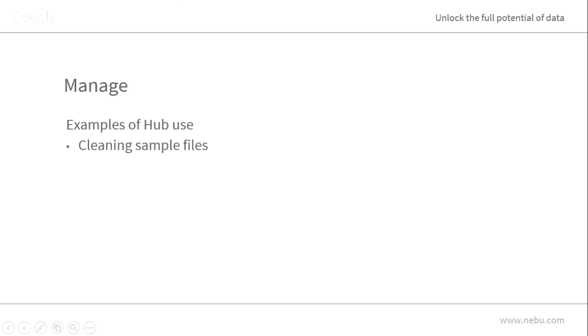Now, a lot of the clients using the Nebu Data Hub are using it to clean up their sample files. They have regular suppliers that provide them with sample files in a set format with set coding. Perhaps they want to remove some of the columns in there, or run a process that recodes some of the codes to make it standard for their own format.